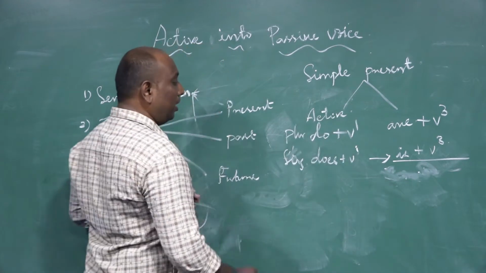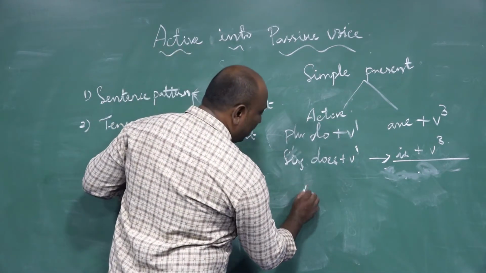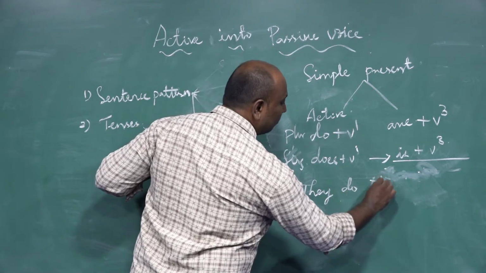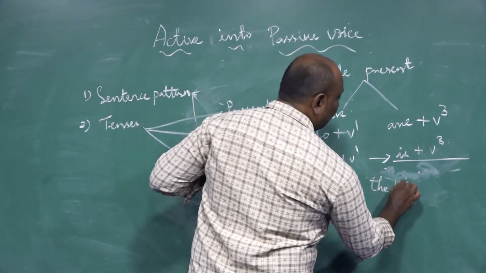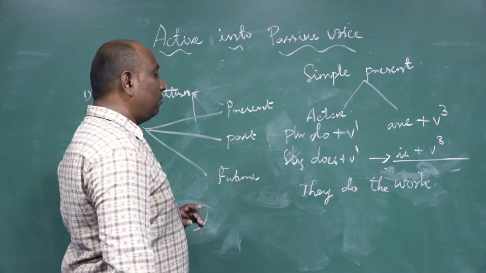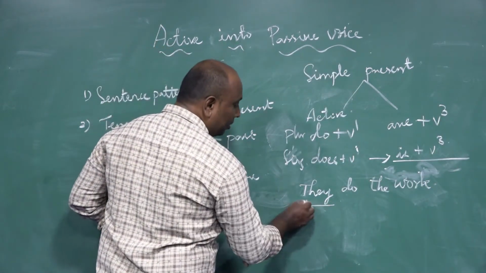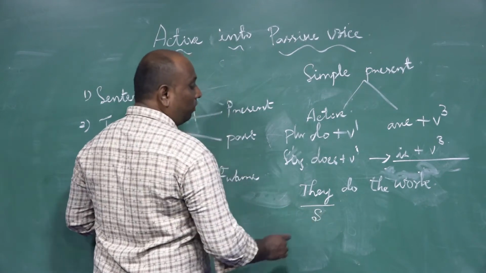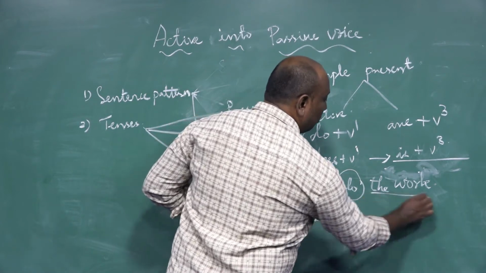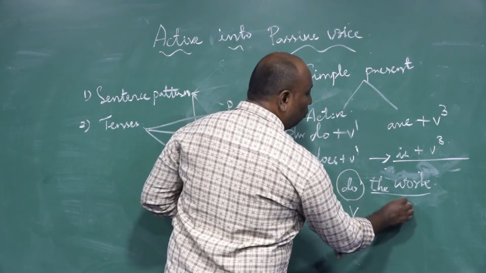For example, I will write a sentence: "They do the work." Look at this. This is the subject; we have to find out the sentence pattern. This is the verb. What do they do? Work.